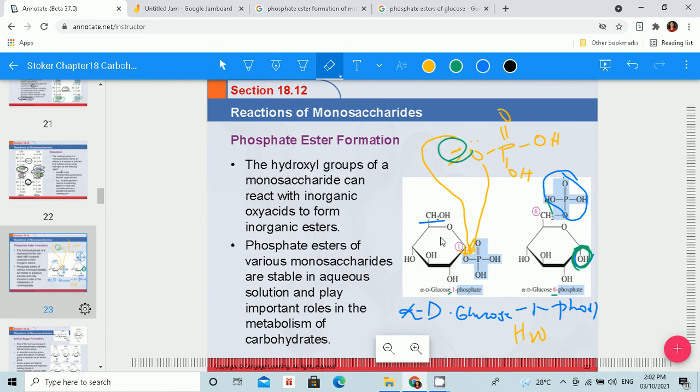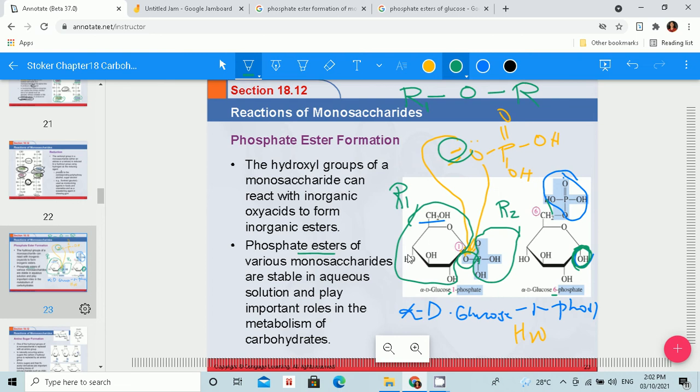So phosphate esters, we call this an ester because we know in organic chemistry that an ester has R, and then O, and then R again. So we have phosphate esters of various monosaccharides. If this is our oxygen, the glucose is our R1, and then R2 is the phosphate.